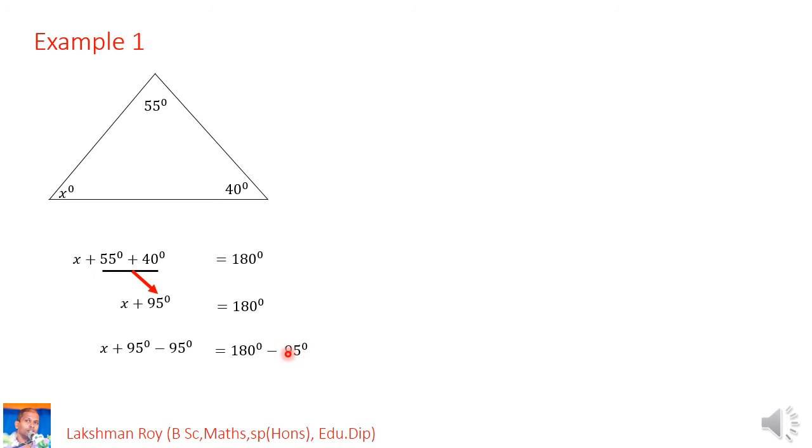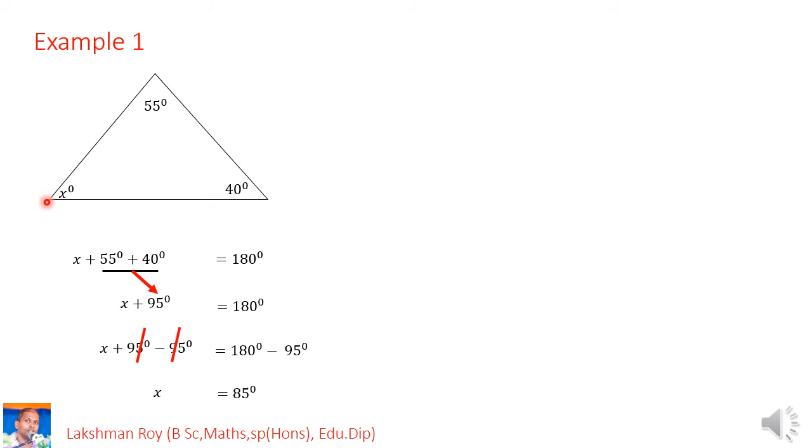Then what happens, student? Right, this positive 95 and the negative 95 cancel out, 0, right? Then here remain only x. You can write x. Then that is equal to 95 subtracted from 180, then you get 85 degree. So that is the magnitude of this x angle, right?